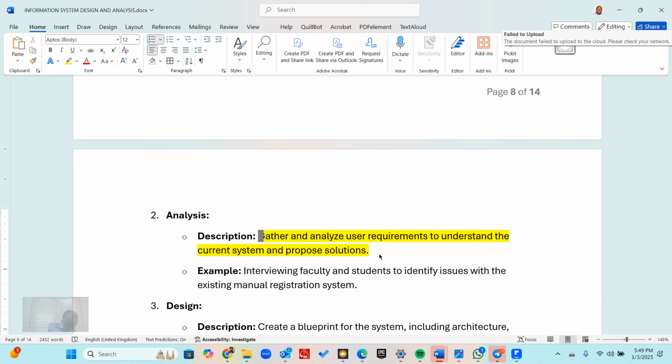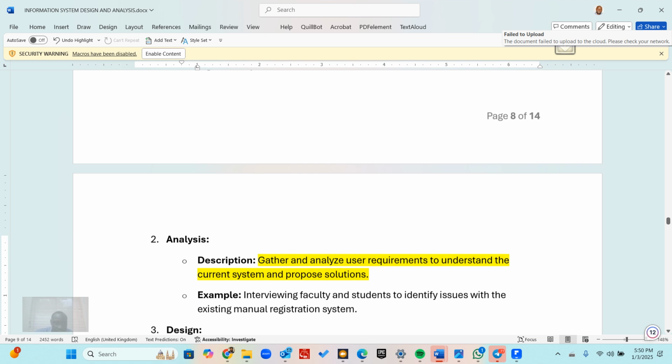For example, interview students and faculty to identify issues of the existing manual registration system, then you now create the new one. That's the analysis.